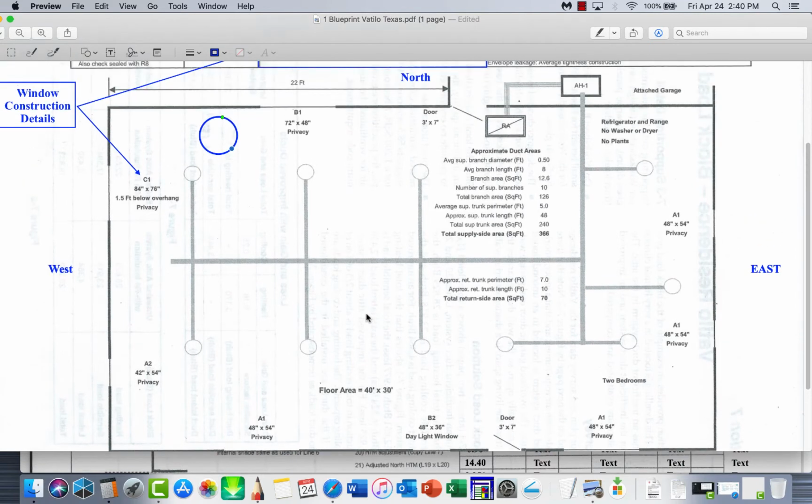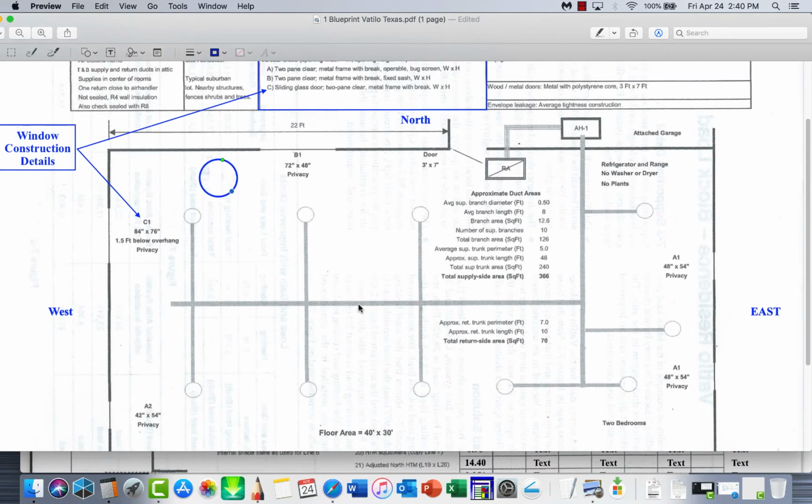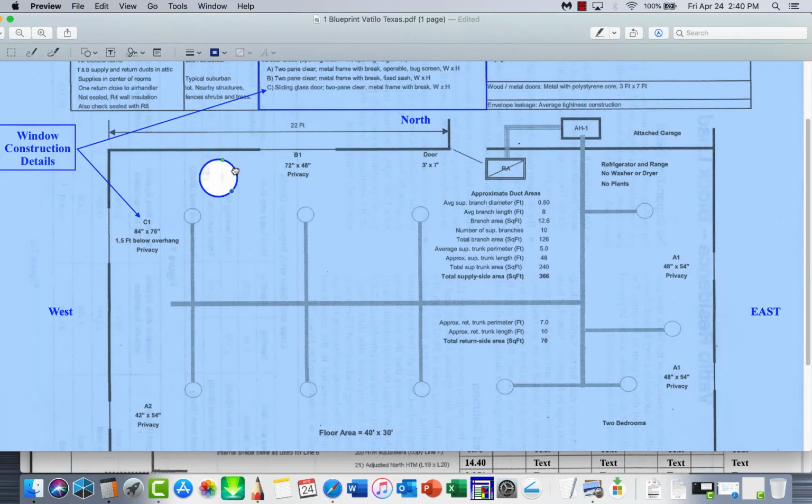When we look at this, we're going to look at the construction of it and do the calculation. Now, remember in this little blueprint here, the C1 right here, I'll use my highlighter, transposes up here to this C-type window, which is a sliding glass door, 2-pane, clear, metal with a break frame, and width times height.